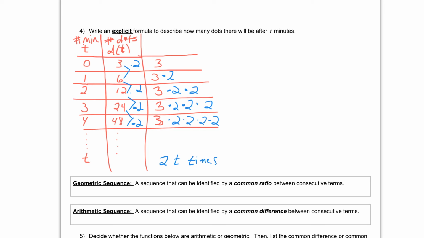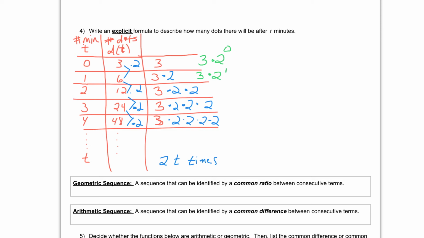Now what we're going to do is, for multiplying things over and over again, use exponents. So let's see what that would look like. So let's change that to exponents right now. So right here in the first one at 0 minutes, this would be 3, and we multiplied by 2 0 times. So our exponent here would be 0. In the next one, we have our 3, and we multiplied by 2 just 1 time.